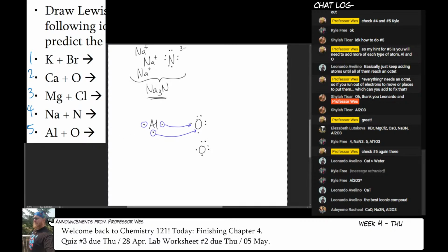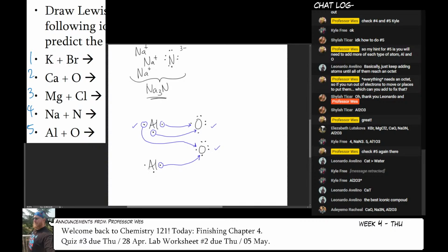So there's my oxygen. We're going to take this electron and stick it over here. But now I need another electron. I don't have enough electrons to satisfy this oxygen's octet, so I need another aluminum. So we'll do that. And we'll put an electron here. So now this oxygen, we'll just put a little check mark next to the ones that are octet.